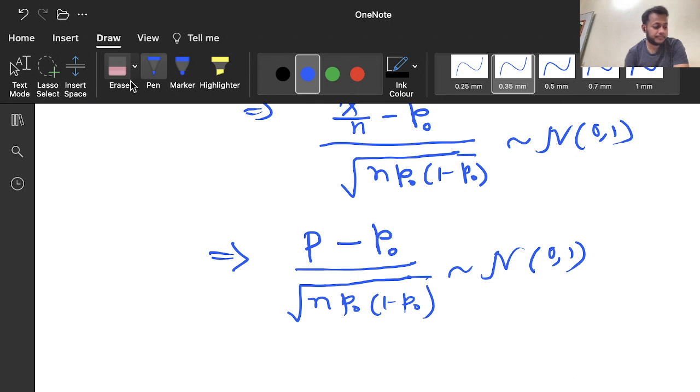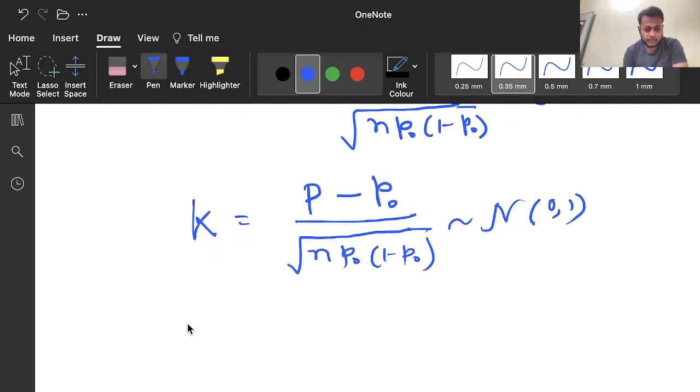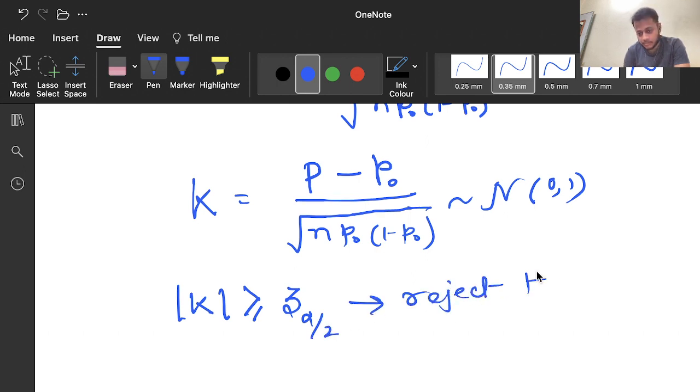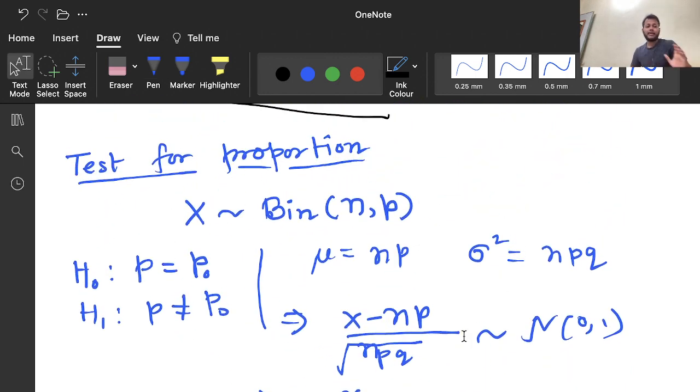Suppose this statistic is k. If mod k is greater than or equal to z alpha by 2, we will reject the null hypothesis. Is it clear why it is called the test of proportion?